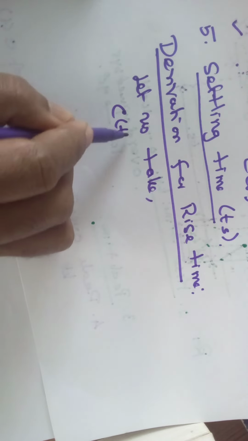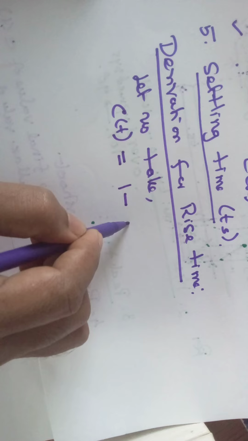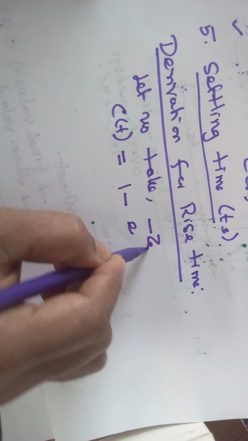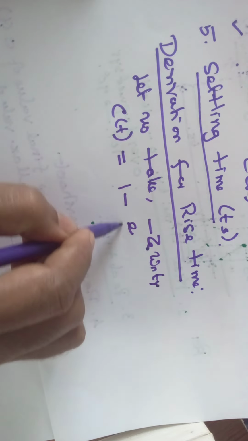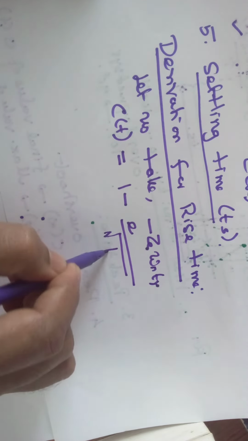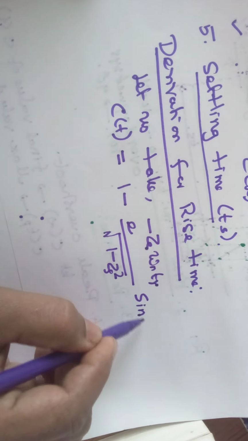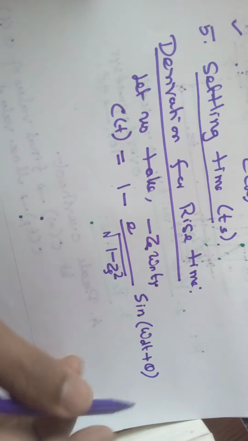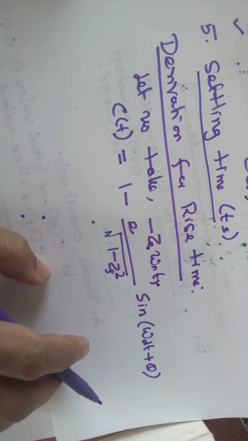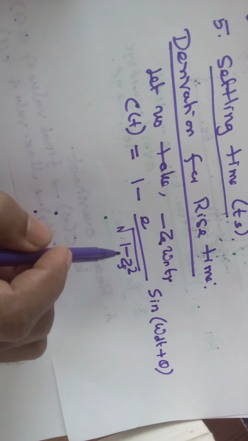The response of an underdamped system is C of t equal to 1 minus e power minus zeta omega n t divided by square root of 1 minus zeta square into sine of omega d t plus theta. This is the response of an underdamped system for a unit step signal as input.